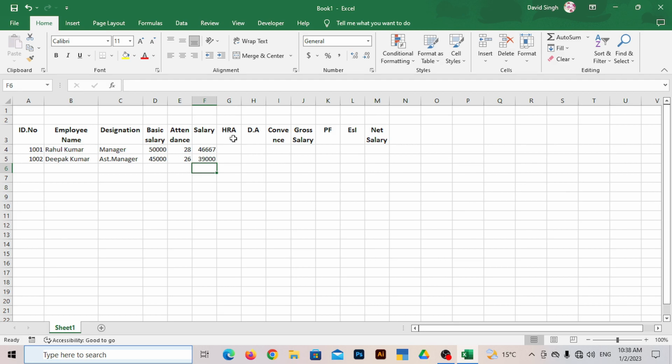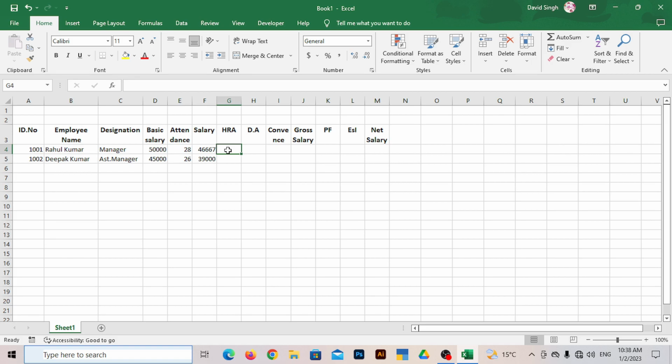Now come to the staff benefits or employee benefits, employee allowances. It is known as the allowance. Here the HRA. HRA stands for house rent allowance.